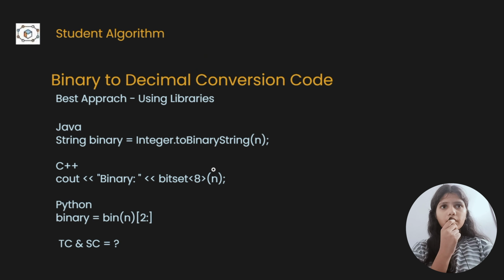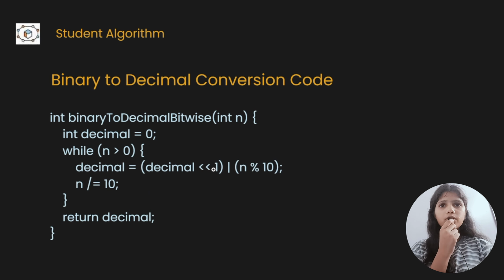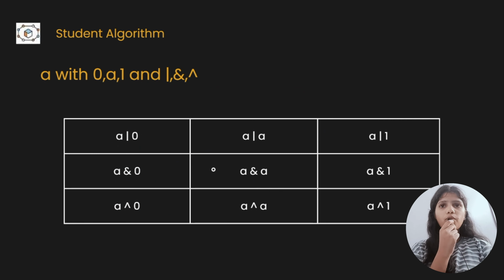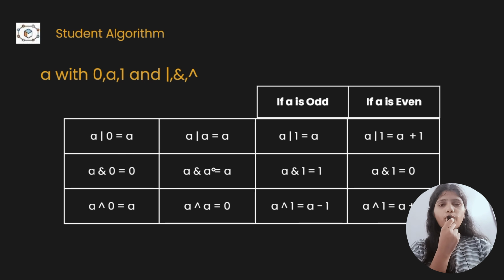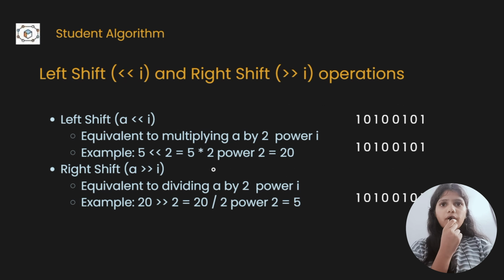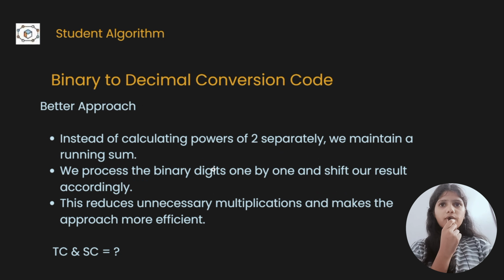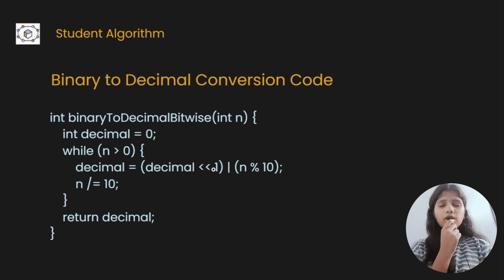Got it? Now let's revise what we have learned. We went through a with 0, a with 1, and AND, OR and XOR, and drew conclusions from performing the various operations. Next we went to left shift and right shift, then binary to decimal and decimal to binary conversions, and we wrote the code with a better approach using XOR and bitwise operators.